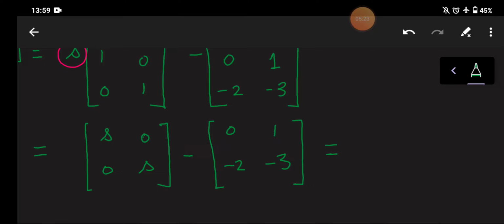So s minus 0 is s, then 0 minus 1 is minus 1, next 0 minus of minus 2 is plus 2, then s minus minus 3 is s plus 3.